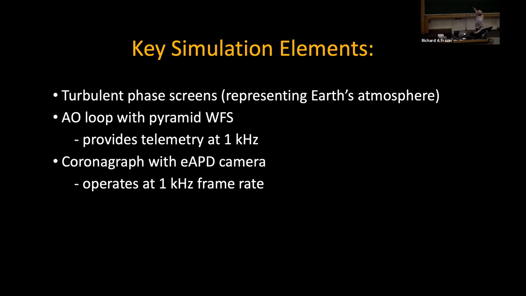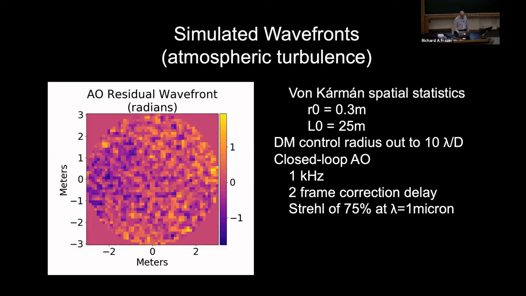In these simulations, we start with random phase screens that represent the effect of the atmosphere on the beam, and then we have a self-consistent simulation of an adaptive optics loop. The beam that's corrected by the adaptive optics loop goes to a coronagraph, and we simulated the noise of an EAPD operating at kilohertz frame rate.